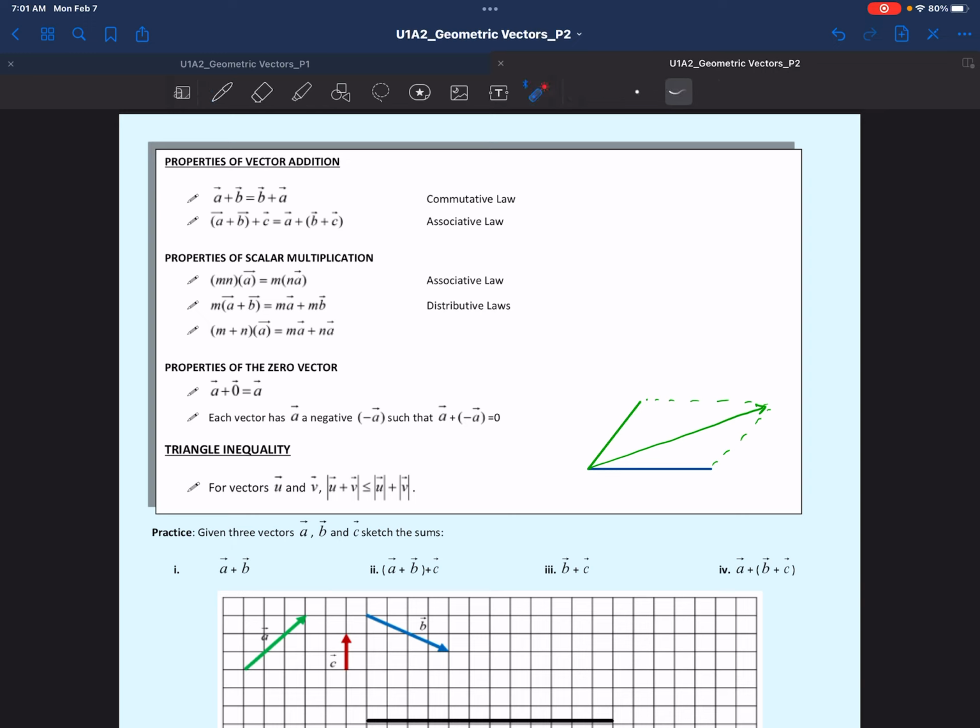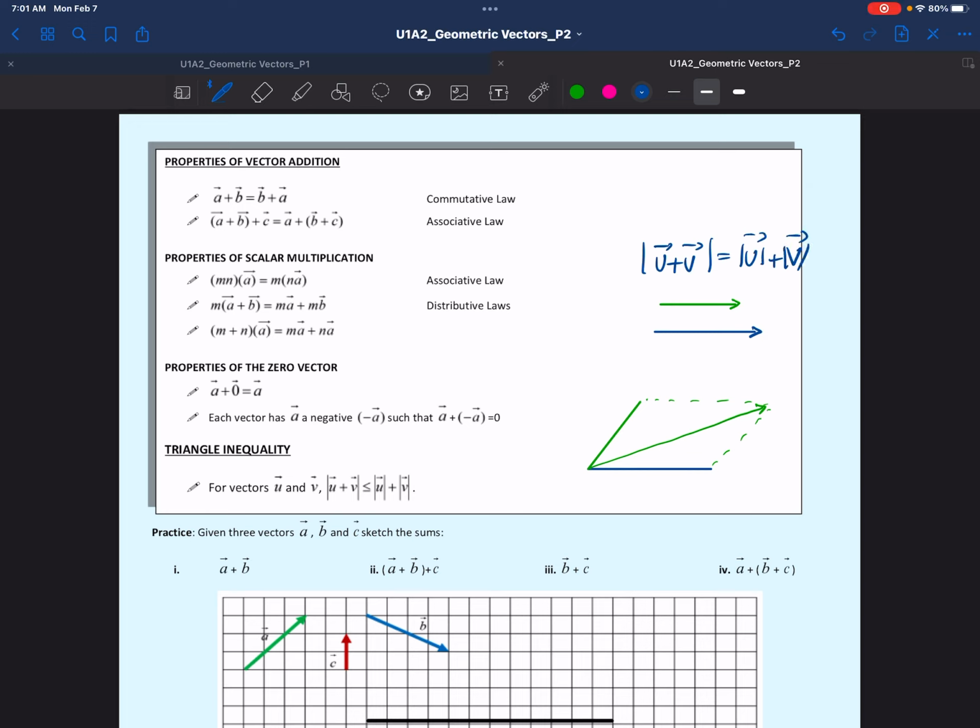Now, the largest this sum can be is when vectors u and v, the blue and the green vector, go in the same direction. So if the two vectors are parallel to each other, then the magnitude of u plus v would equal the magnitude of u plus the magnitude of v.